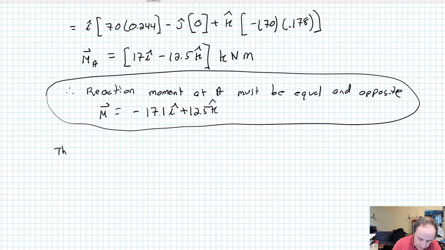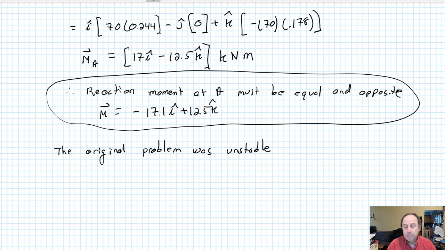So the original problem was unstable because there was an unbalanced moment and the support at the bottom could not generate a reaction moment. In the second version of the problem, bolted to the concrete pad, that can generate a reaction moment, so that's a stable situation. It just has to generate this level of moment.